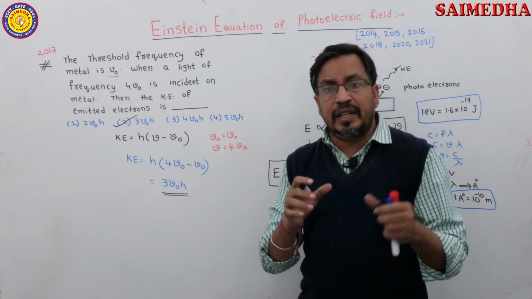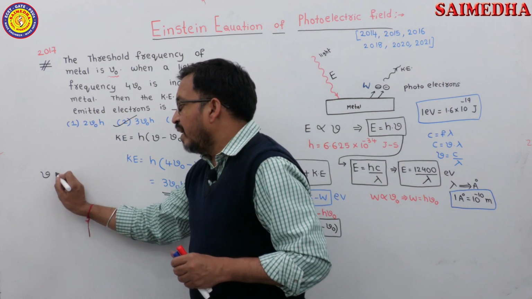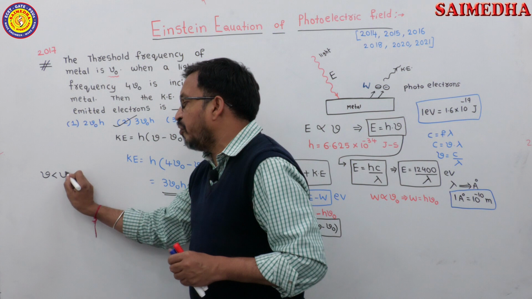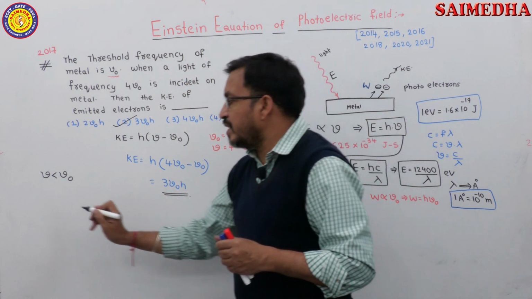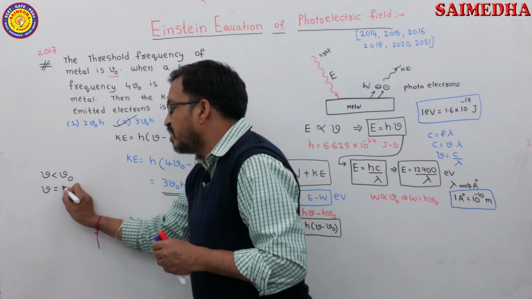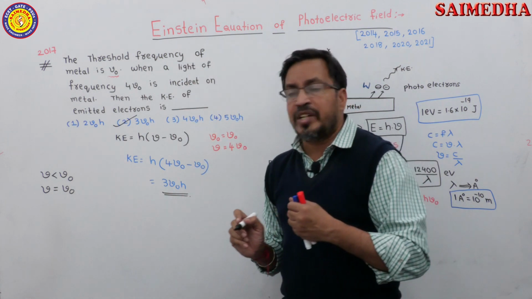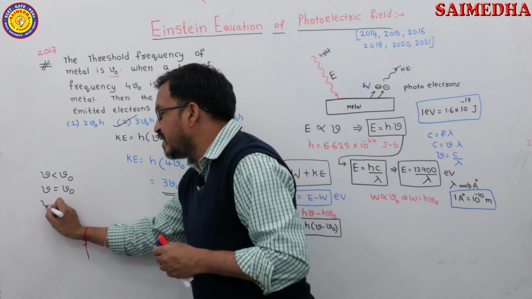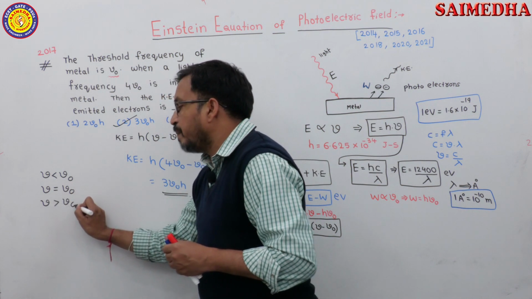Sometimes they ask theory questions: when the incident frequency V is less than the threshold frequency, what happens? When the incident frequency V equals the threshold frequency, what happens? When the incident frequency V is greater than the threshold frequency, what happens?